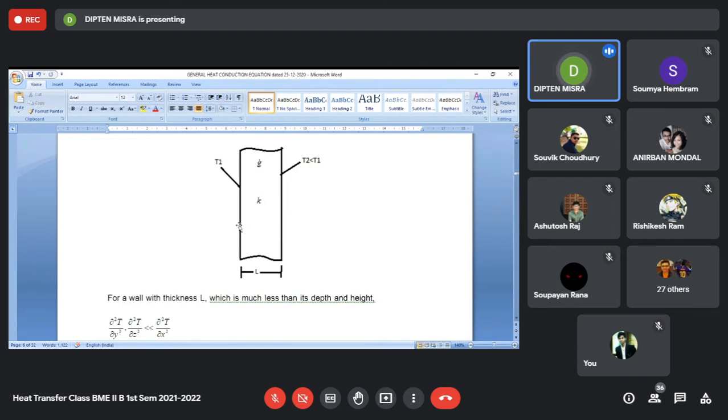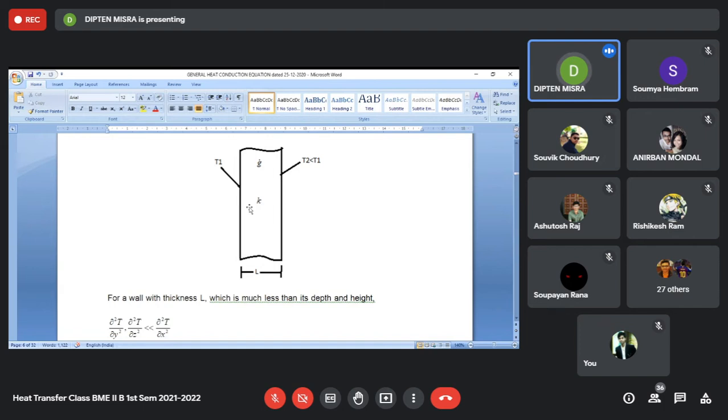On the right, the heat will always come out along the positive x direction. On the left we cannot say whether it will come out, go in, or nothing will happen. As we have seen, there are different possibilities. The heat flux may be negative, so heat may come out in the negative direction, because positive x is here, or heat may flow in the positive direction, in which case the heat will come from outside to inside of the wall, or there may be no heat flow across this surface, so heat neither comes out nor goes inside the wall.